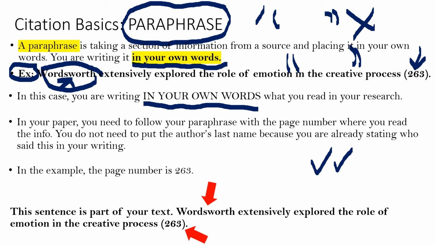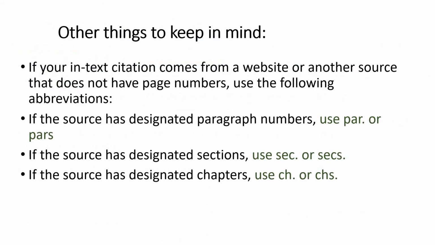So here in our example, the sentence is part of your text, right? You have Wordsworth extensively explored the role of emotion in the creative process, and then my page number. So that's when we paraphrase. So there are two ways to cite. You can cite directly with the quotes, or you can paraphrase.